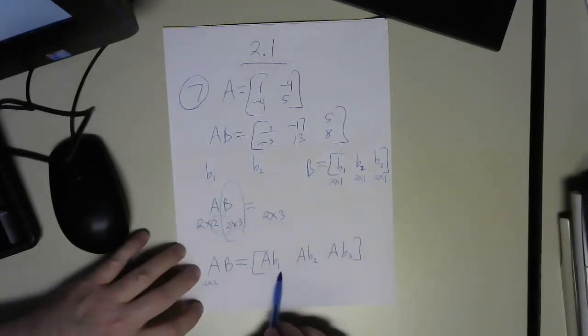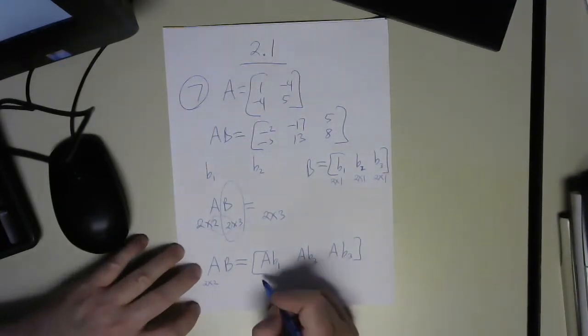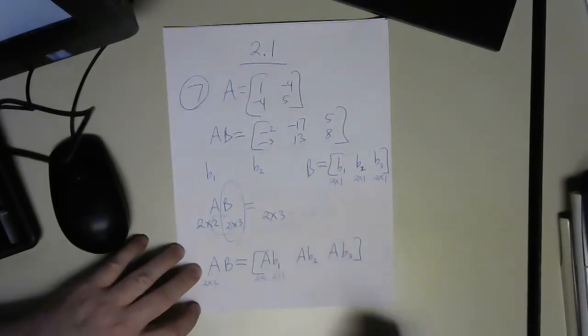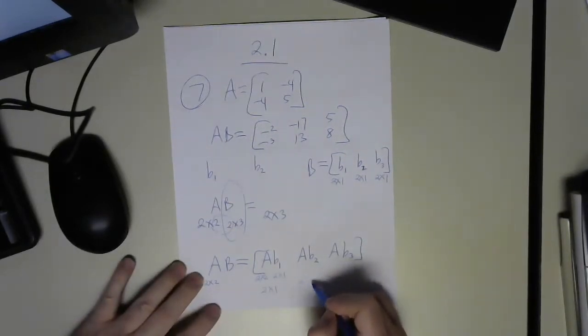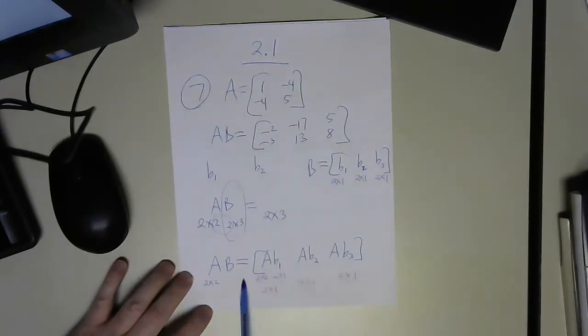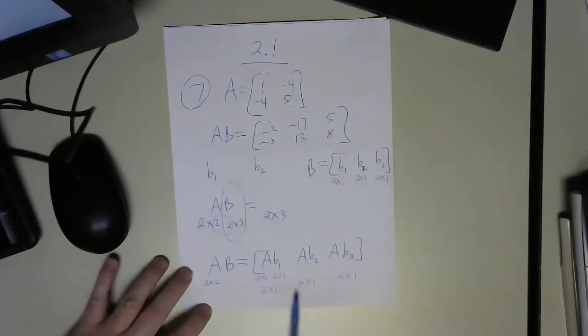But let's see if the product exists. Well, A is a 2 by 2. And I would be multiplying that by a 2 by 1. So that looks right. I'd end up with a 2 by 1. So every one of these would be a 2 by 1. So is the size of this product the right size? I think it is, because that would give me a 2 by 3 for AB.